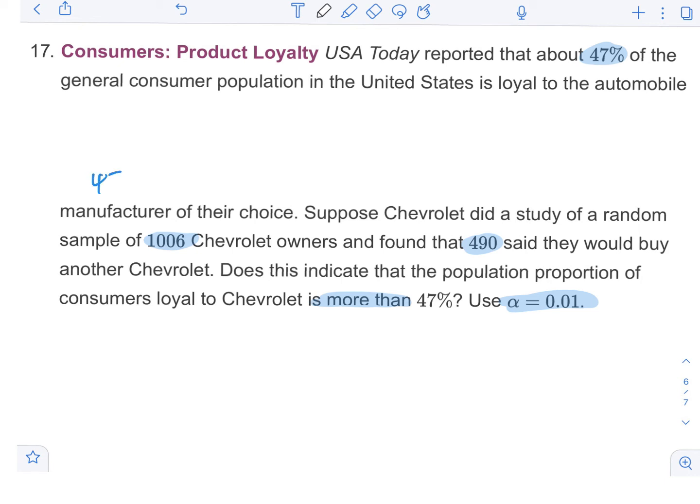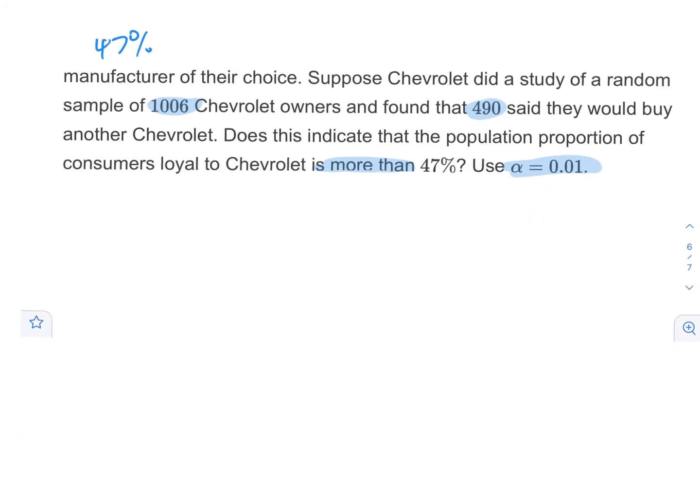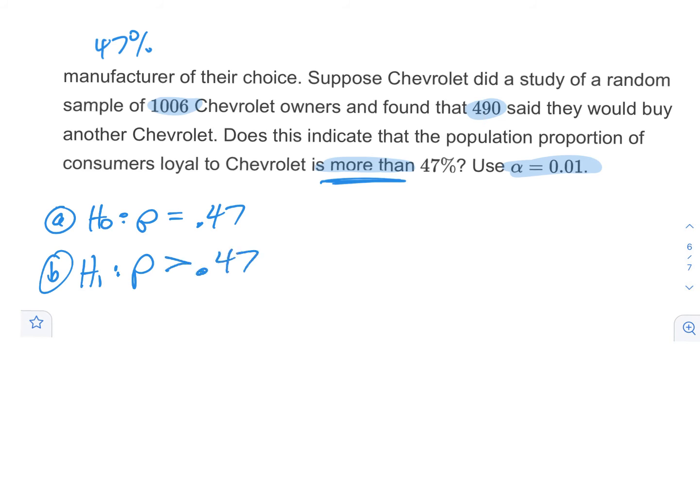Let me write 47% so we don't forget it. Scroll up. And here we go. Question A, null hypothesis. P is equal to 0.47. Question B, alternate hypothesis. P is more than, so that means greater than 0.47.